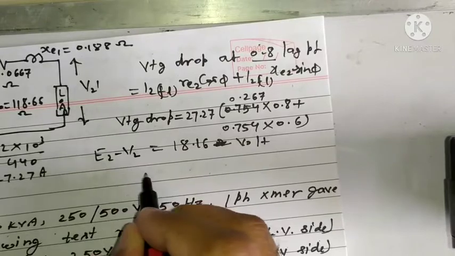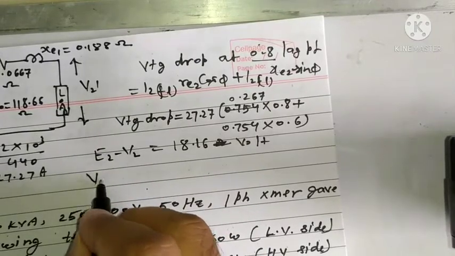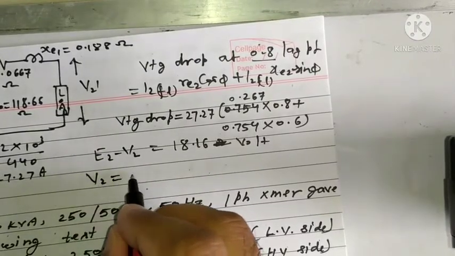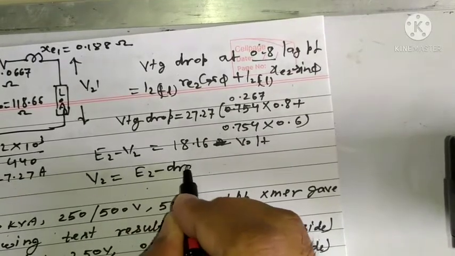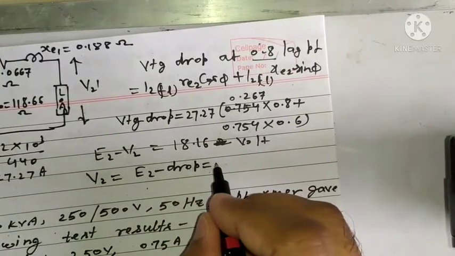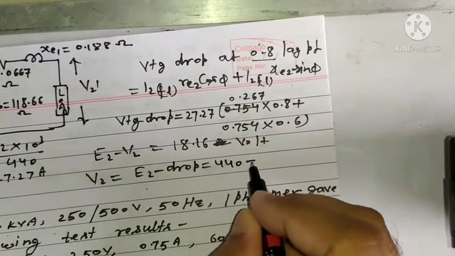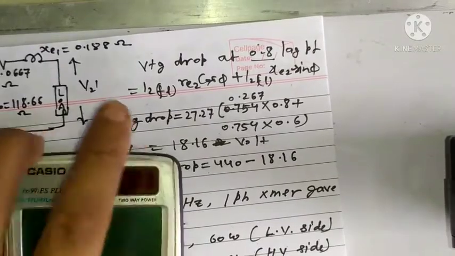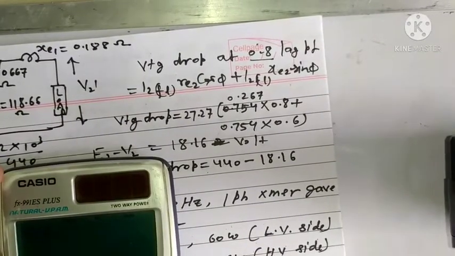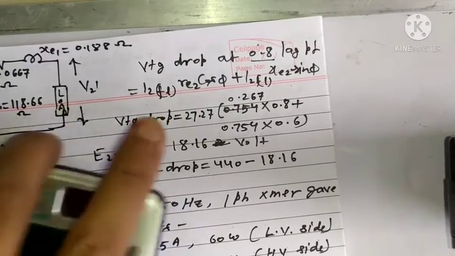If they are asking for the secondary terminal voltage, V2 will be E2 minus the drop. E2 is 440 volt minus the drop 18.16, so it comes as 421.84 volt.